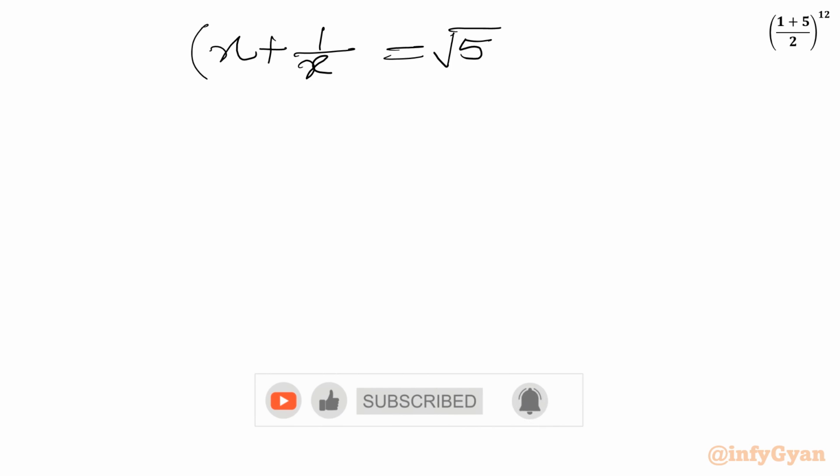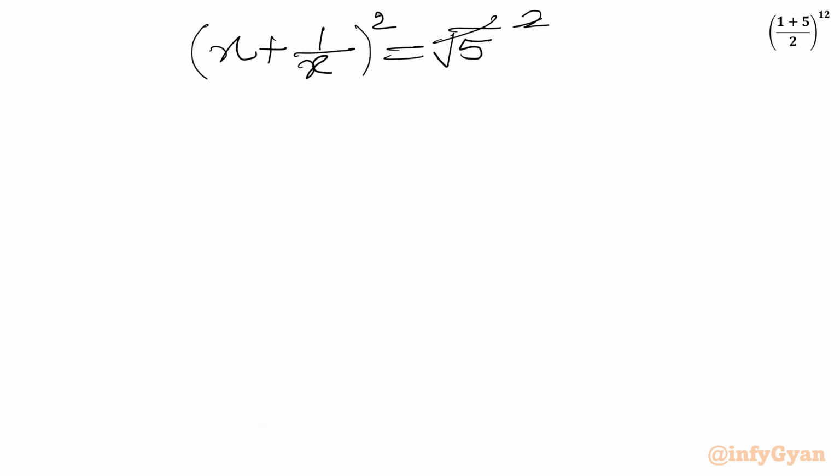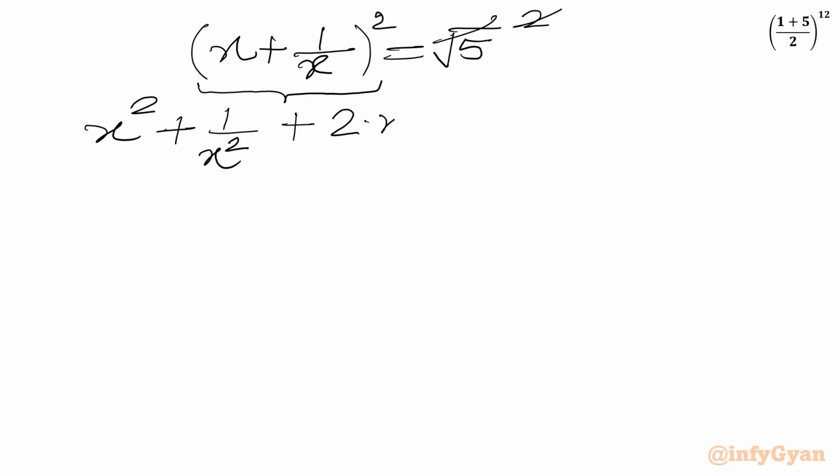Let's consider squaring both sides. Power 2 and power 2. So square root and power 2 will be cancelled out. In LHS, we can apply a plus b whole square formula. So we'll be writing x square plus 1 over x square plus 2 times x times 1 over x equal to 5.